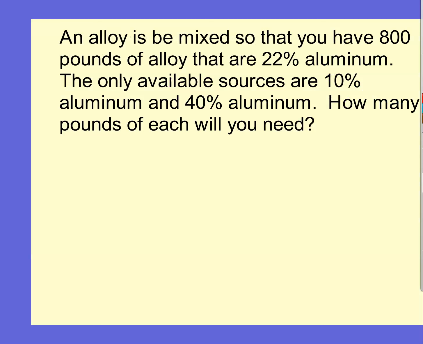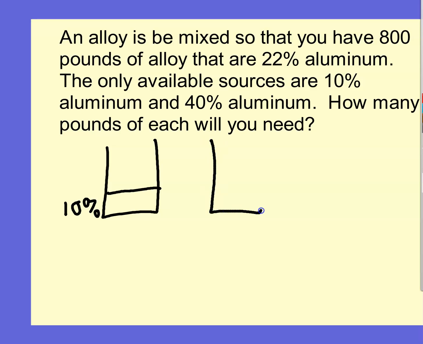So here's one more, and I think what I want to do is take you through the whole process again. Say I've got some amount of metal alloy, and I don't know how much I have in this one, but I do know that one source is 10% aluminum, and then I've got another amount of alloy over here, and it's 40% aluminum.